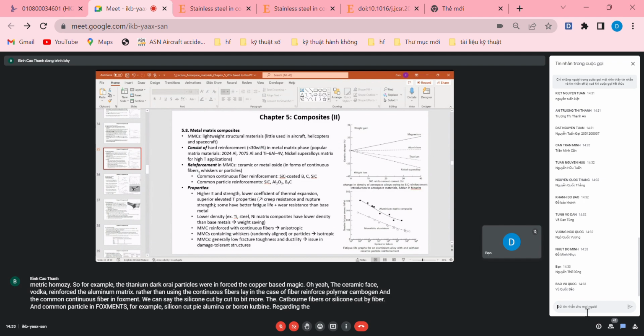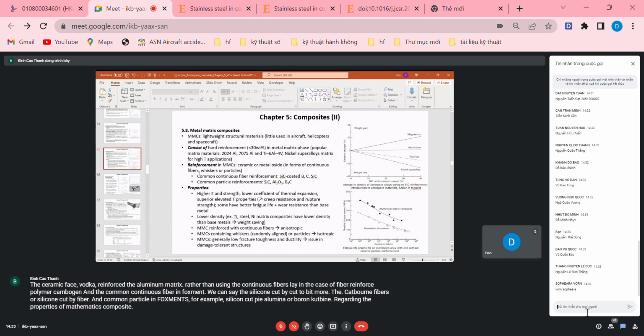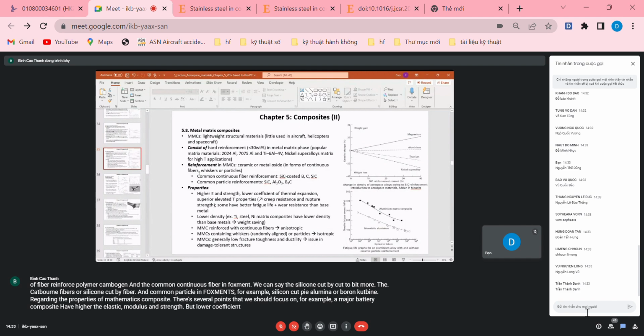Regarding the properties of metal matrix composite, there are several points that we should focus on. For example, metal matrix composite has higher elastic modulus and strength, but lower coefficient of thermal expansion. Superior properties at elevated temperatures.